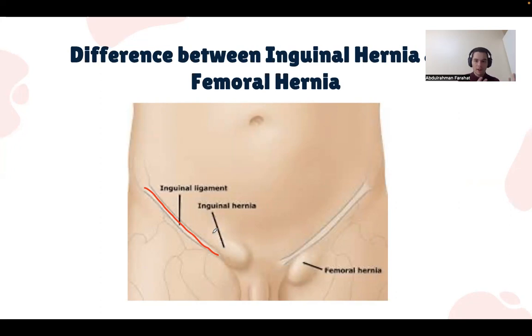Shouldn't that be a femoral hernia? No, because the hernia started forming above the inguinal ligament. So it entered first the deep, and then it exited from the superficial, and then it dropped. However, with the femoral hernia, the femoral ring or canal is below the inguinal ligament, and so the hernia did not start above the inguinal ligament. It began below. Hope that made sense.